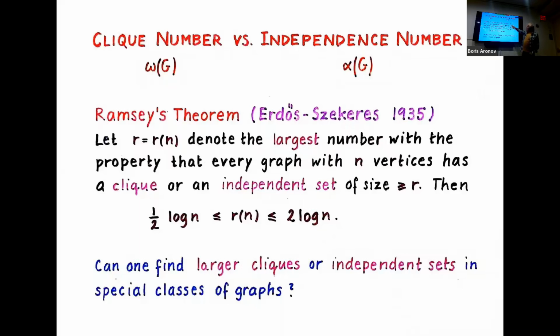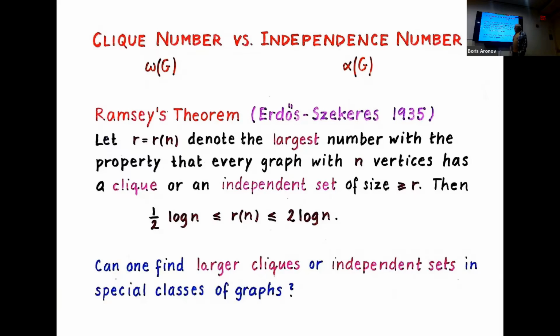And what Ramsey's theorem says, in this quantitative form proved by Erdős and Szekeres 87 years ago, is that every graph with n vertices contains either a clique or an independent set of size log n. Here n is the number of vertices. One of these two parameters must be at least log n, and this cannot be improved.